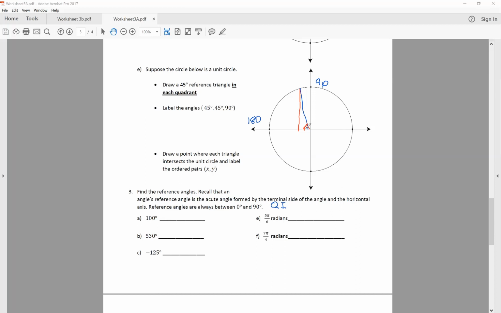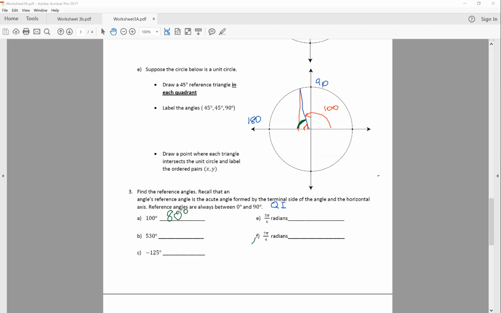Okay, so if I know that this is 100, then I know that the rest of it must be 80. From here to here has to be 80 degrees because the total of those two has to equal 180. So this is 80 degrees.